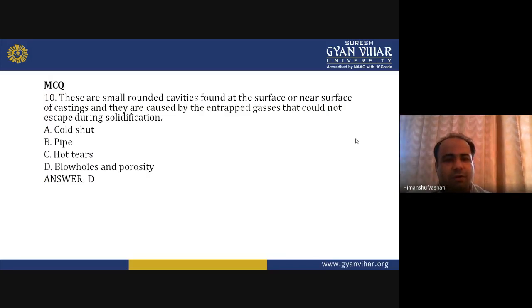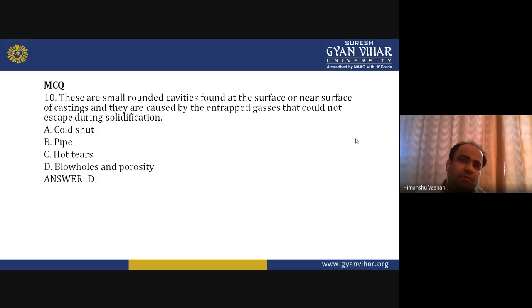Now, these are small rounded cavities that are found on the surface or near the surface of castings, and they are caused by entrapped gases that could not escape during solidification. So that means blowholes and porosity.